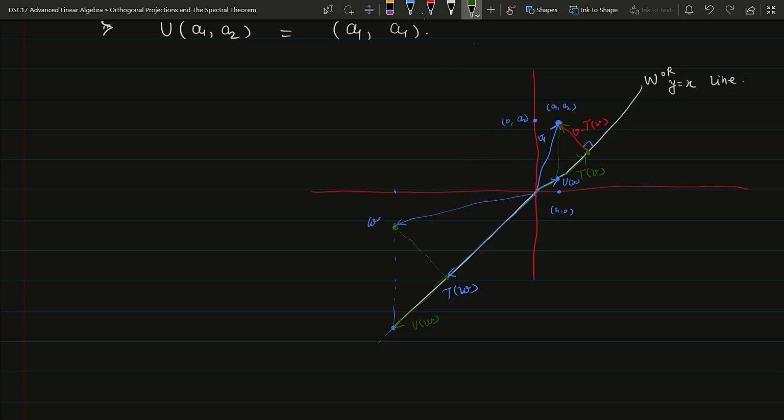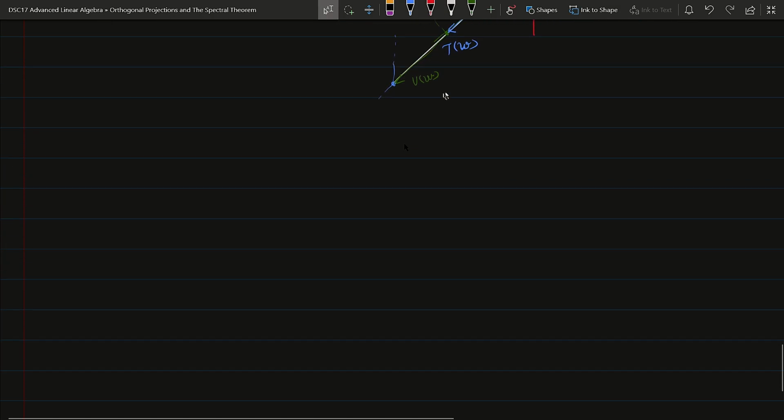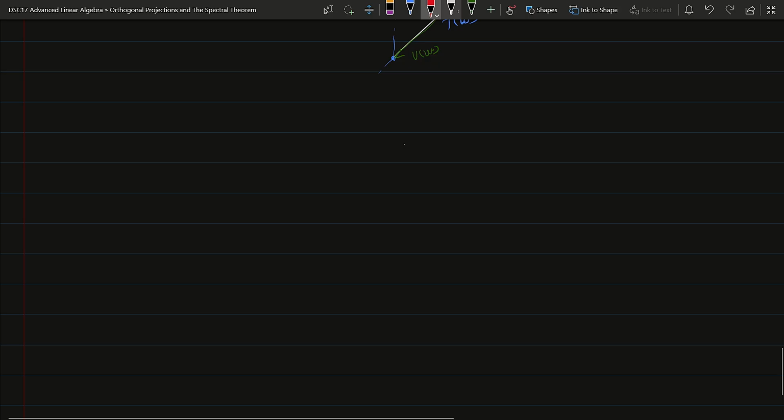Now I hope you understood that T represents an orthogonal projection and U represents a projection. So from the figure we have this one.